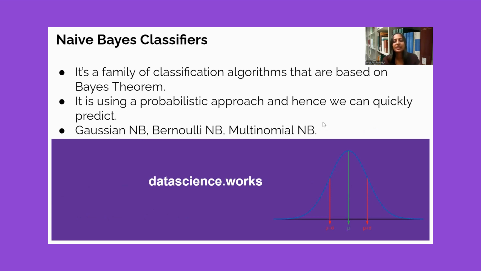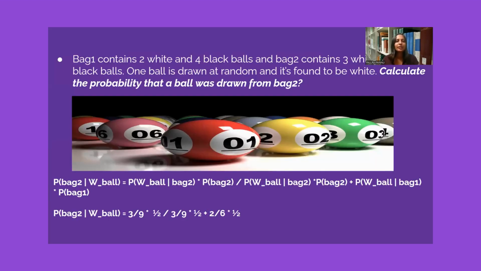Next, let's understand this with the help of an example, because I think it will be clearer to you. For example, bag 1 contains 2 white and 4 black balls, and bag 2 contains 3 white and 6 black balls. Now I draw one ball at random, and it is found to be white. I am now interested in calculating the probability that the ball was drawn from bag 2.